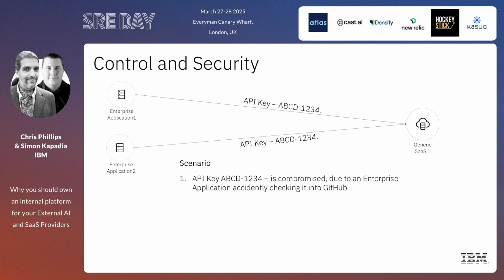Now, if that API key is compromised, what happens? Let's say that the developers of Enterprise Application 2 are going through their normal CI/CD pipeline, and someone takes that API key and includes it in a Git commit that's making a change to that enterprise application's runtime deployment.